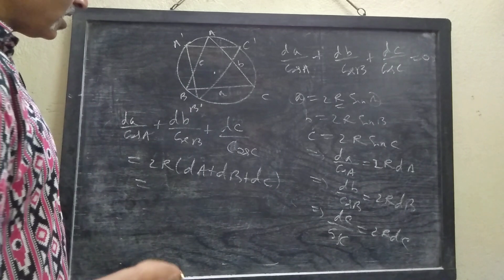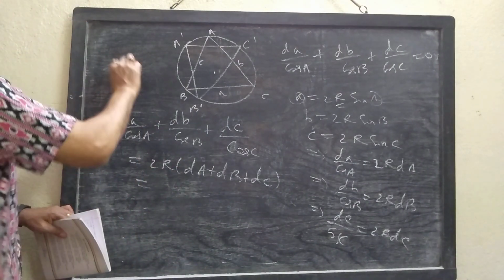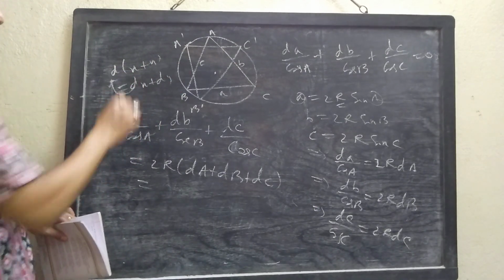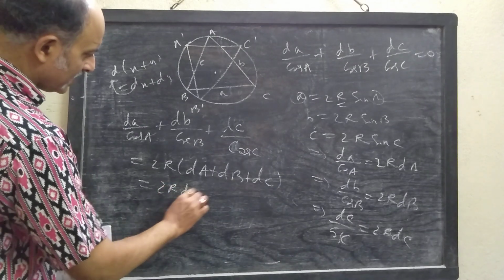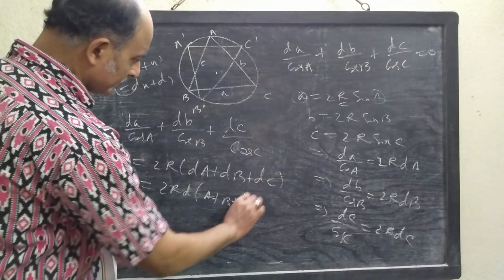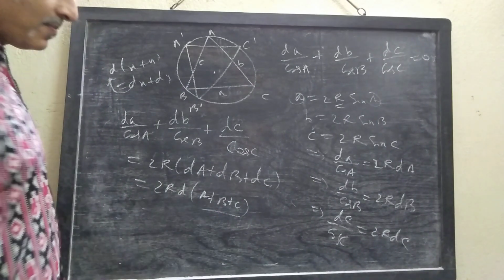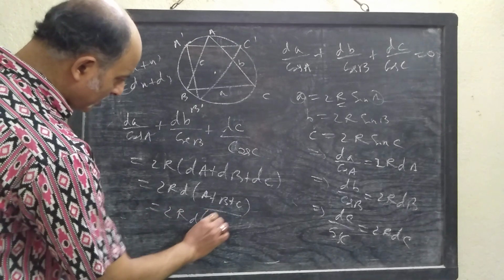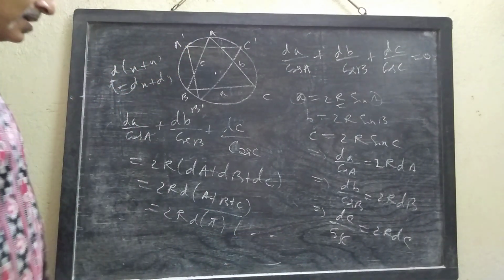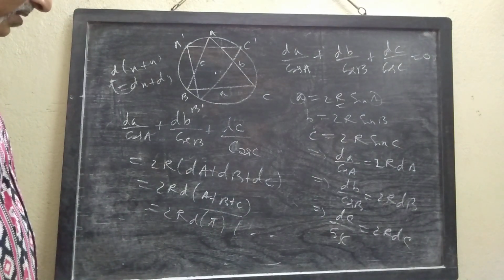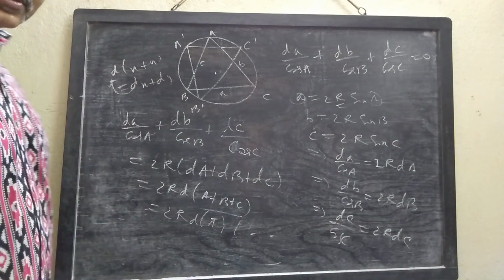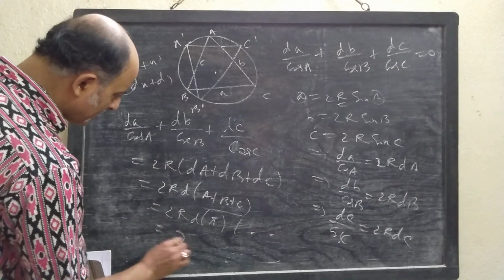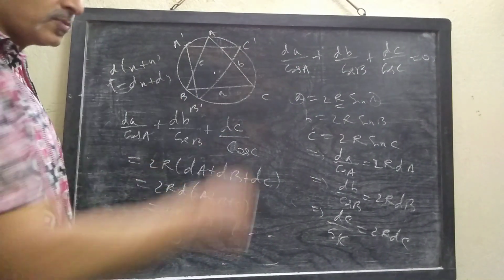We know the differential of x plus y is dx plus dy, so we can go in the reverse way and write it as 2r d(A + B + C). Now as A, B, C are angles of a triangle, A + B + C is pi. As pi is a constant, its differential must be 0, because there will be no change in the value of pi. So you can write this as 0. Look, the result is proved here.